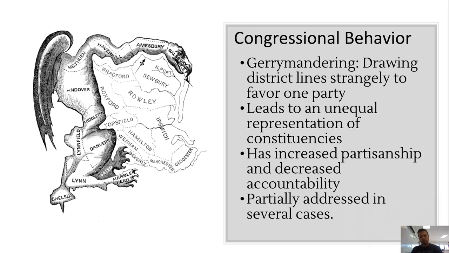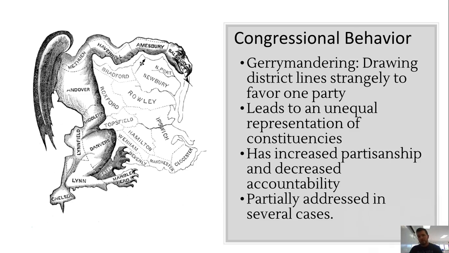It's a lot harder for those people to hold the representative accountable, because they usually agree with them ideologically and are going to be more lenient about what that representative is doing in Congress.